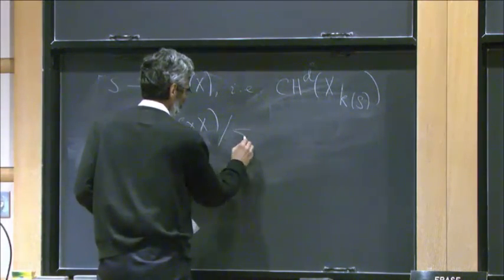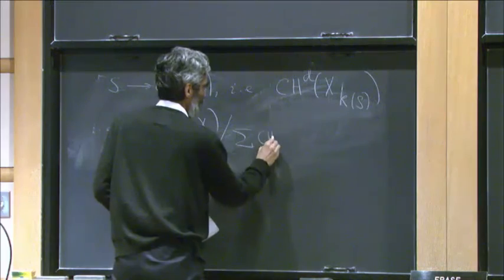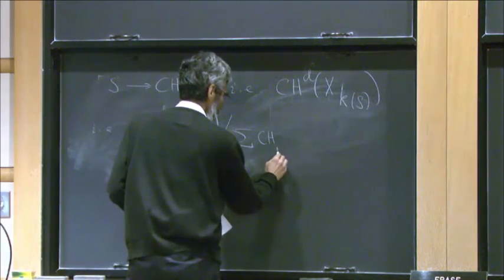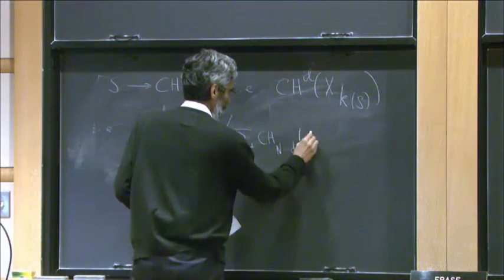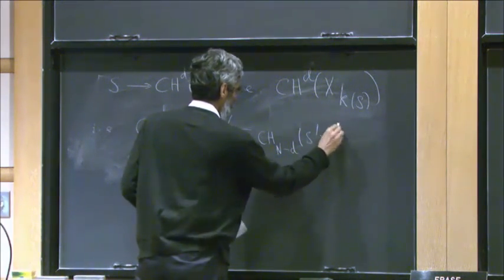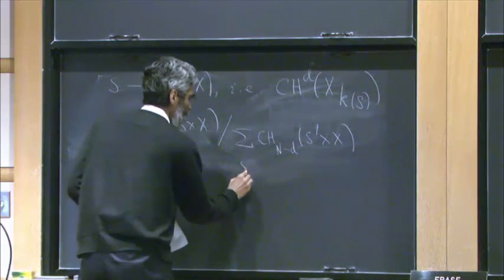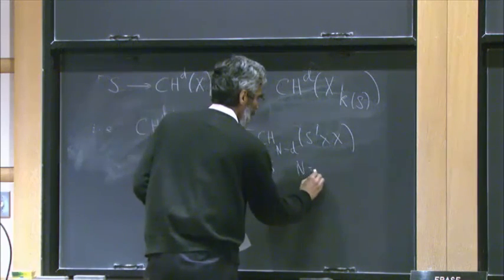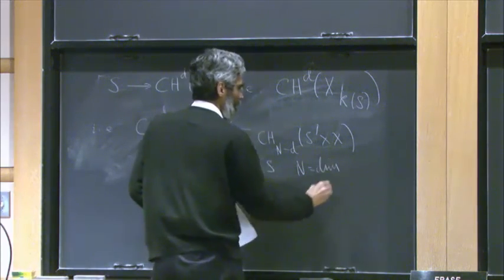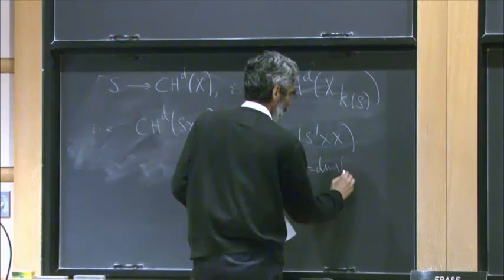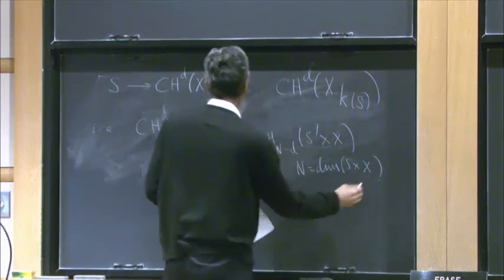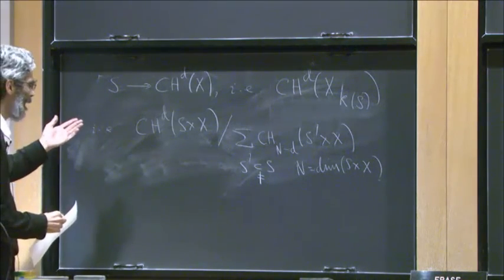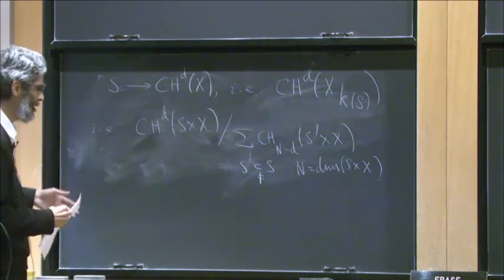Chow, well, it's not good to use upper notation, so okay. Where S prime is contained in S, not equal to S, and n is the dimension of S cross X. I'm not so sure that I'm writing the right thing here.